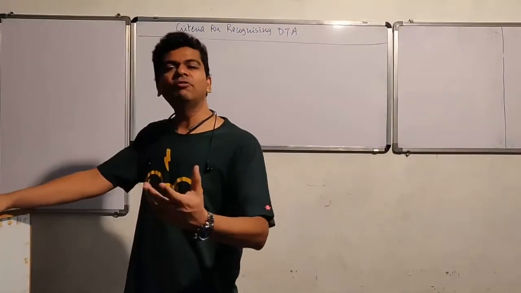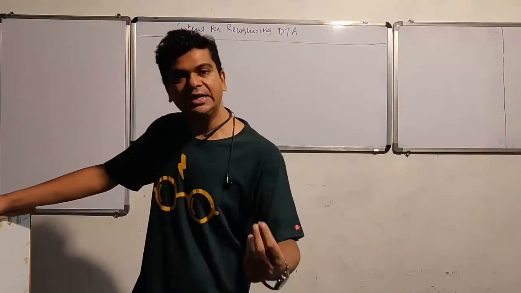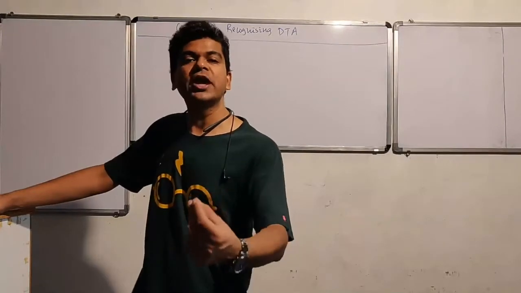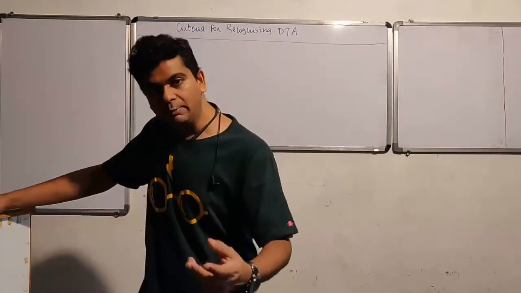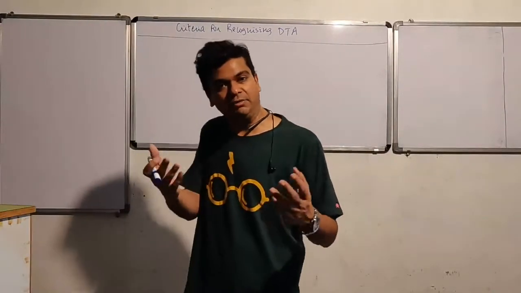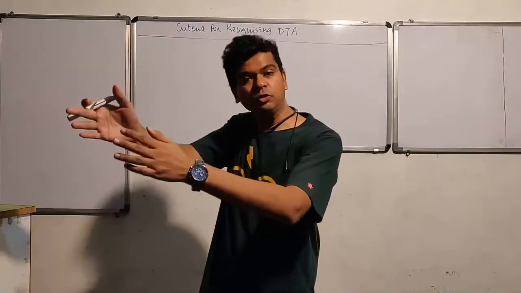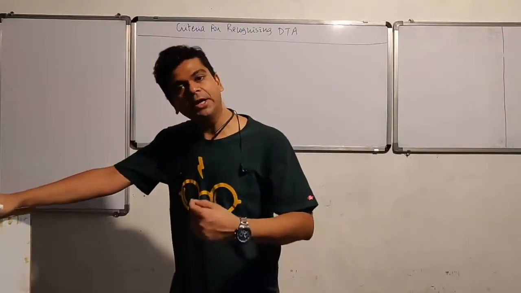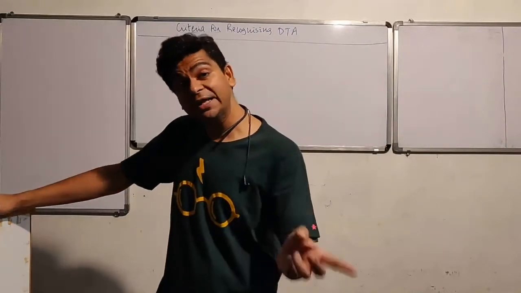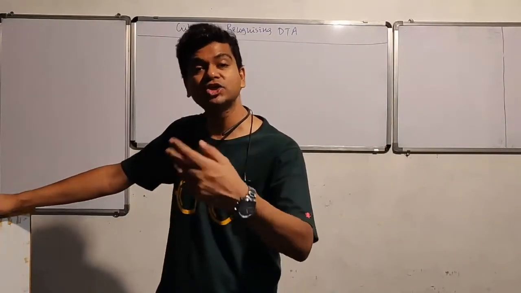What is the concept of DTA? Concept of DTA is that I will be able to save tax in future. But tell me, when can you save tax in future? Only if you are going to pay tax in future. For example, I have a deductible temporary difference, but in the next year I am expecting a taxation loss.